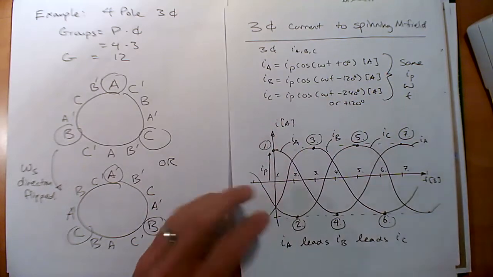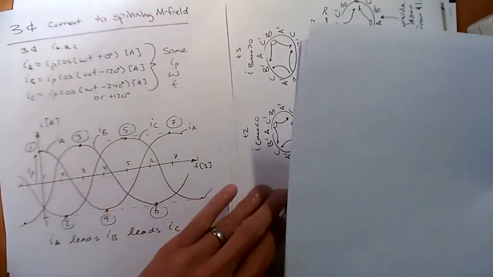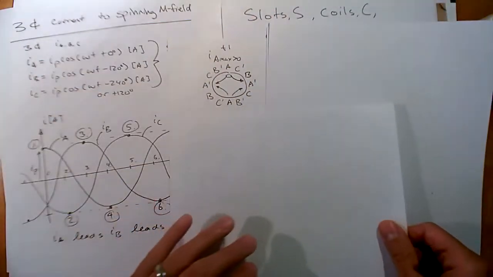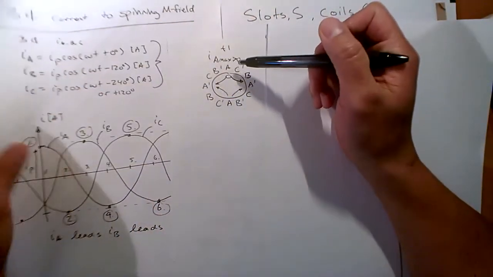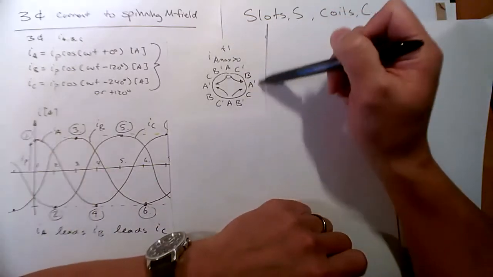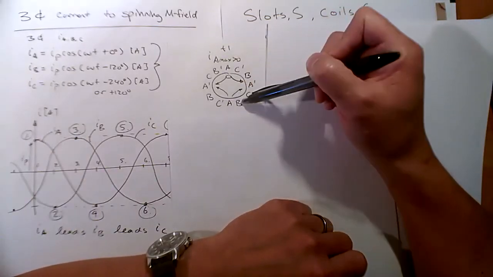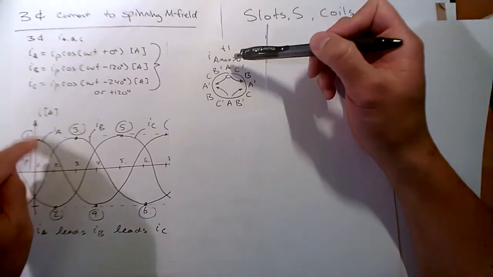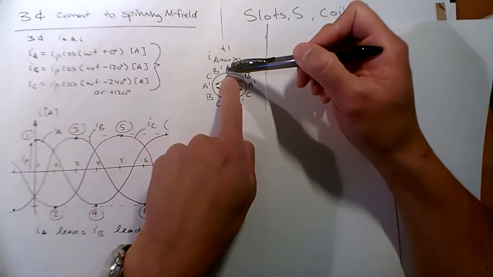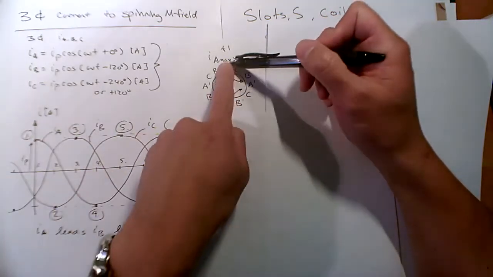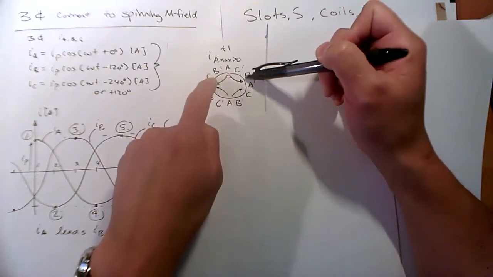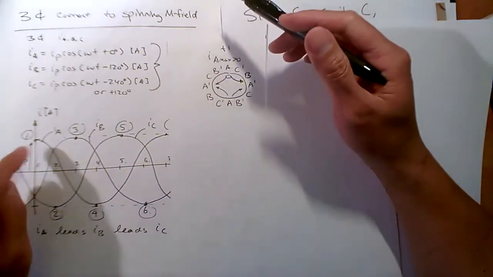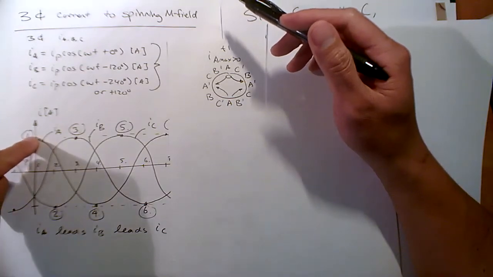Okay, all right. So what I have here is something like this. Let's imagine that with my 4-pole per phase system, if I were here at 1 and I excited with positive current, I'm going to have magnetic field leaving A and entering A prime. So the magnetic field would look like this. Sure, B and C and all that are doing things, but let's just focus on the biggest current at a given time.